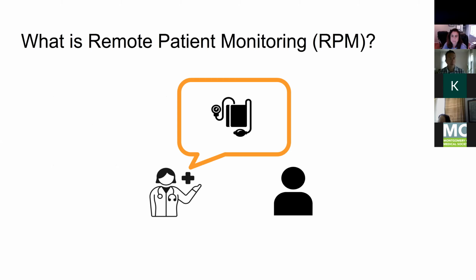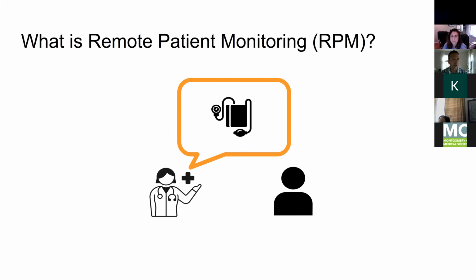So remote patient monitoring at its essence is a very simple concept. It's a decision by a clinician that the patient would benefit from monitoring of a physiological parameter done at the patient's home, and more frequently than what we might normally do in the pre-RPM era, where somebody might get their blood pressure checked maybe once every 6 months when they see you in the office.